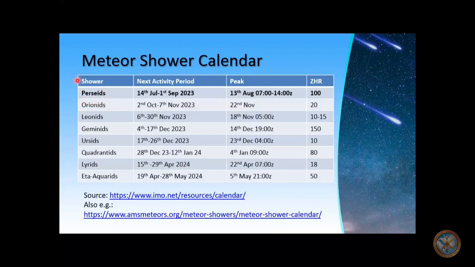But the next one that we're all interested in is the Perseids. It's already active, but there's only a few meteors at the moment. The peak this year is on the 13th of August, supposedly between 7 a.m. and 2 p.m. UTC, and the hourly rate is 100 for that shower, so you can see it's second best really.